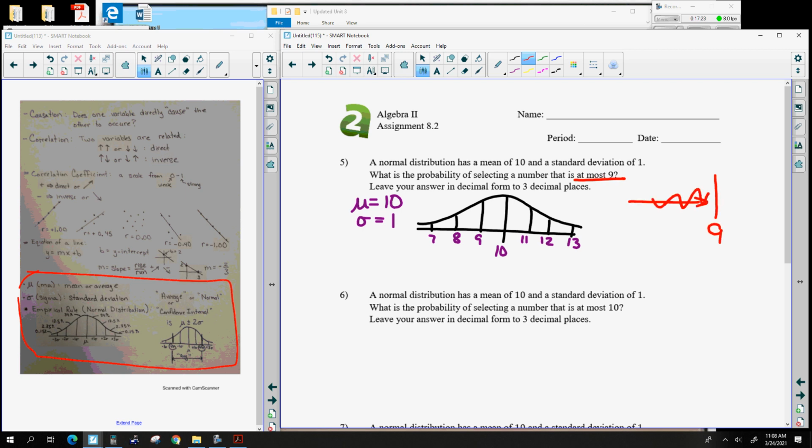So I'm looking for everything at most 9. So 9 is the top level. So it's everything to the left of 9 in essence. So at most 9, this would be these 3 areas right here, which is 13.5, 2.35, 0.15.